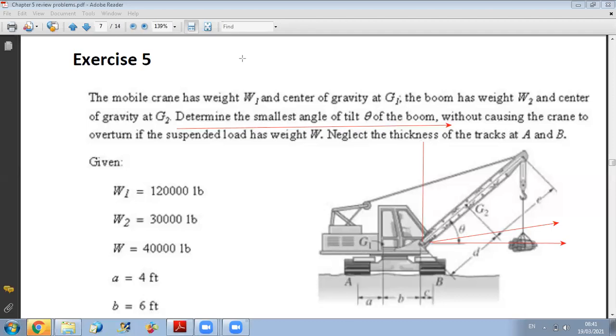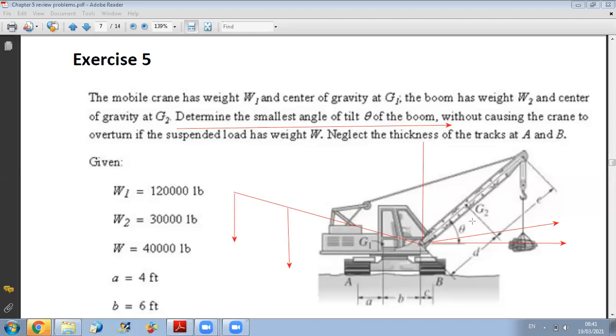If I turn it to the other side, the weight is on this side, and in this case I have a risk of tipping over around A, because the weight is on the other side.